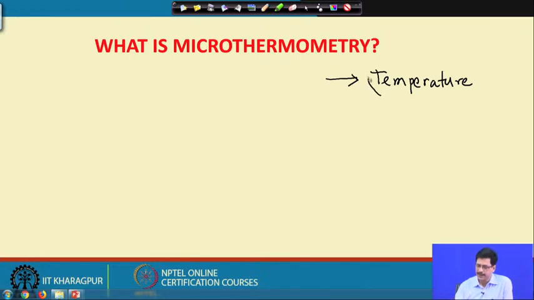we might ask ourselves why temperature. The fluids that we are interested in are very diversely sourced.